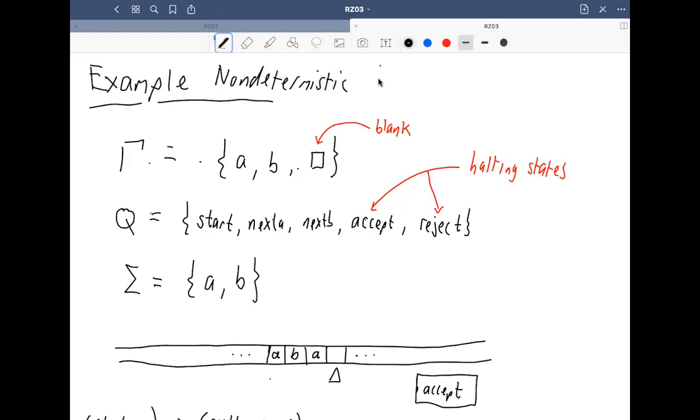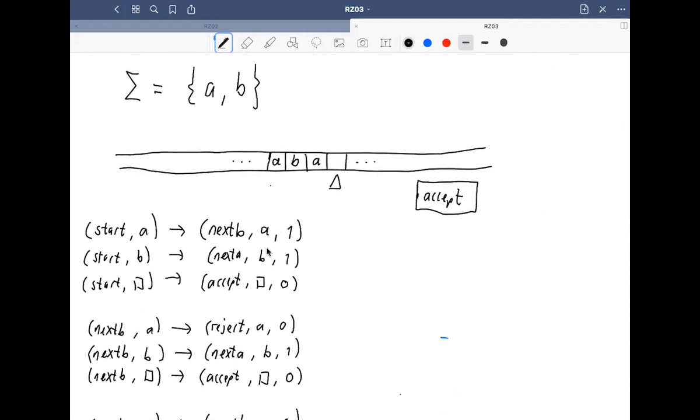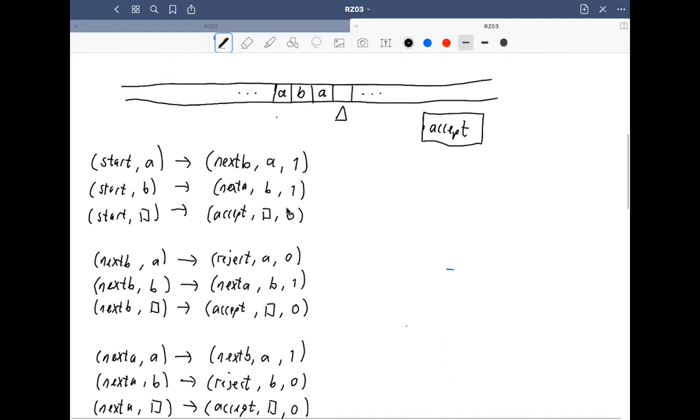So an example non-deterministic Turing machine. This is last week's Turing machine. This was the Turing machine that decided the language of words that alternate their characters. So if it started with A, it needed to go A, B, until it finished, and vice versa.